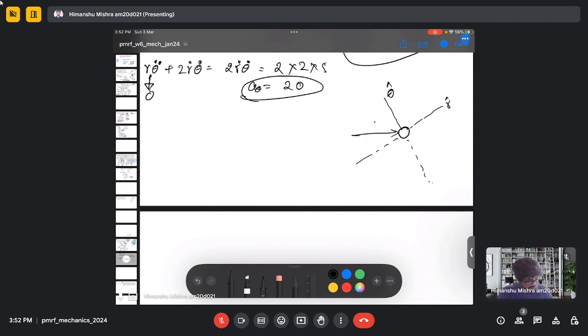And let's say this is my normal reaction force, and this is the force acting here, which is F.